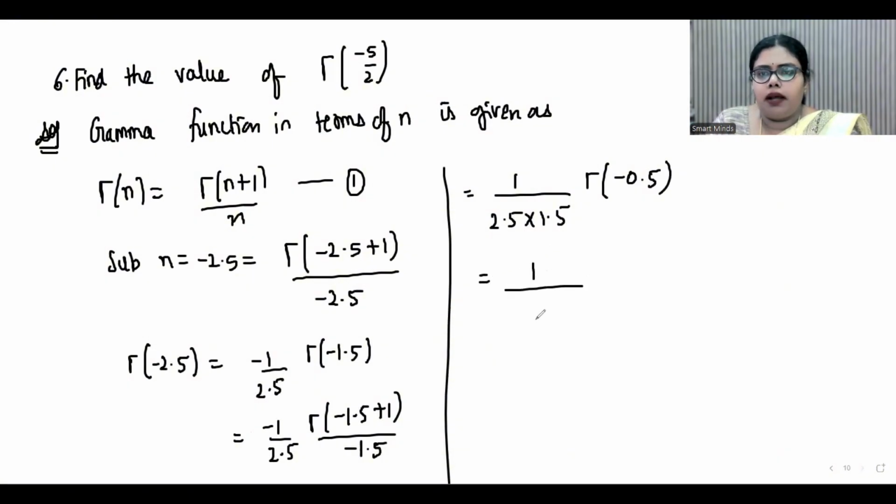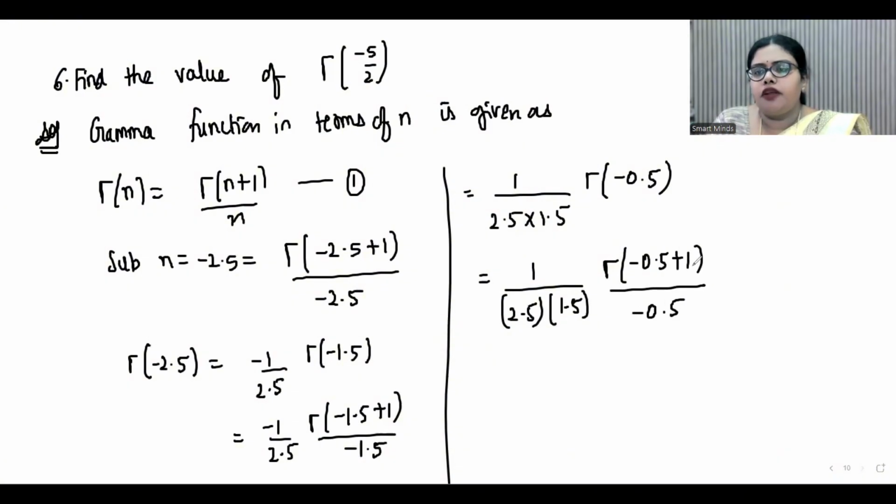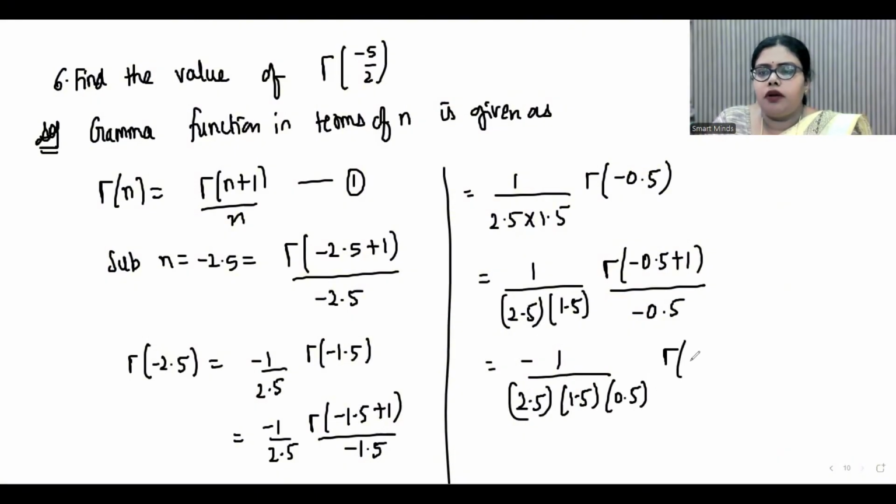How can you write gamma of minus 0.5? That is gamma of (minus 0.5 plus 1) by minus 0.5. Again, we applied the gamma function formula. So that is minus 1 by 2.5 into 1.5 into 0.5 into gamma of 0.5.